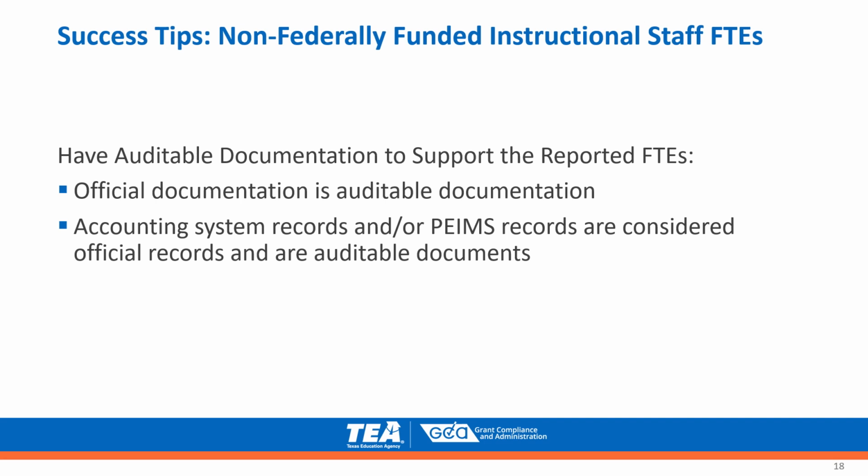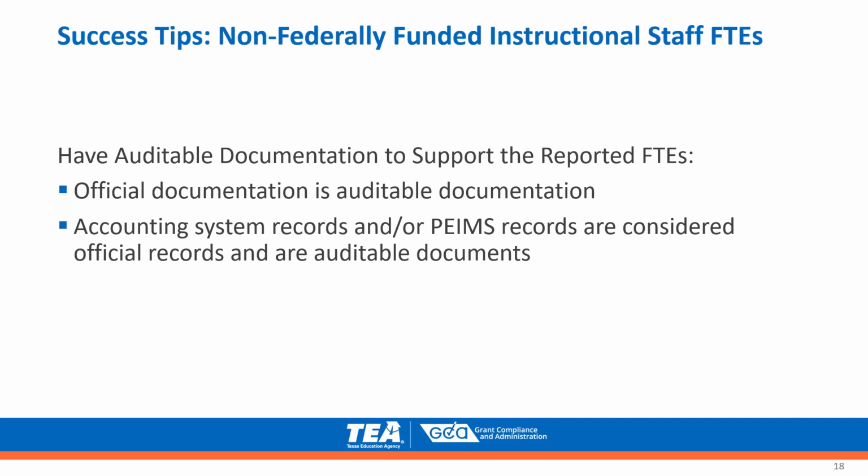Auditable documentation includes the following: reports from the LEA's accounting system indicating the FTEs by fund, function, and organizational codes. These reports can be in PDF format. Any other official document which reflects approval by the Board of Trustees and or the superintendent. So, an Excel spreadsheet with the employees' names and FTE count is not considered auditable documentation.